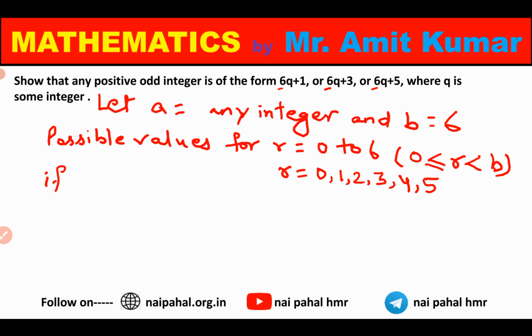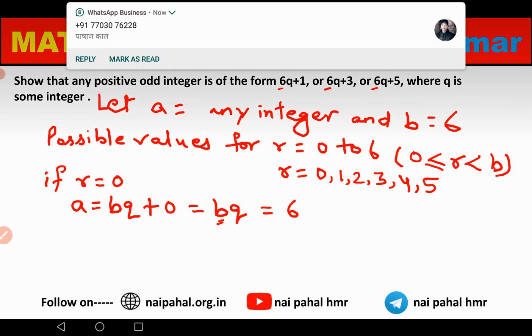If r is equal to 0, then we can say that a is equal to bq plus 0. It becomes bq, or we can also write it as 6q.